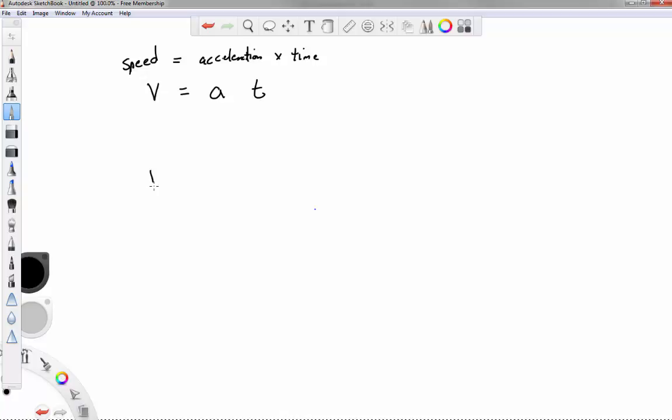The other way of putting this is that you may know this other equation that basically says v final squared minus v initial squared is 2 times a times d. This is the final speed, this is the initial speed. This one is 0 because you release it at the top from rest.